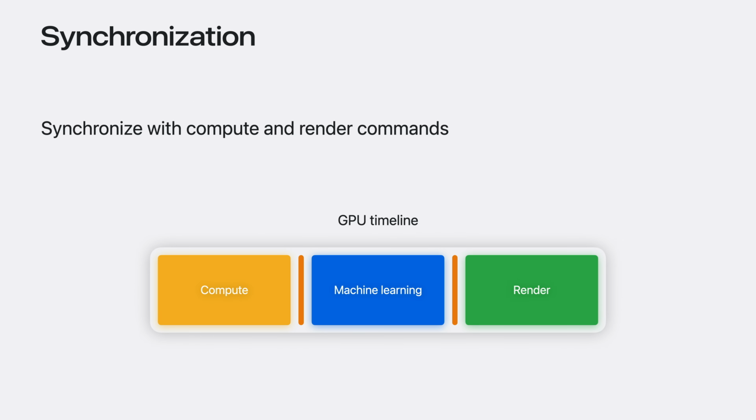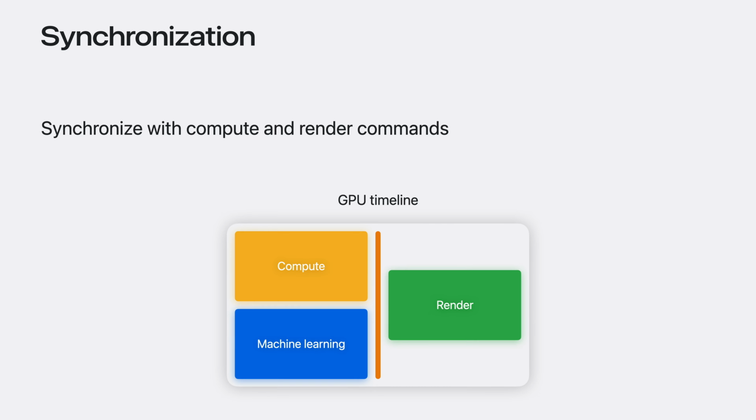As previously mentioned, Metal 4 synchronization primitives also operate with machine learning commands, just like with compute and render. Work that doesn't depend on machine learning output can happen in tandem if synchronized correctly. Only the work consuming the network output needs to wait for the scheduled machine learning work to conclude.